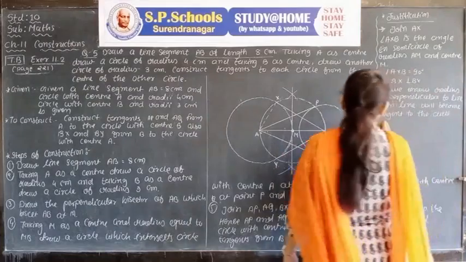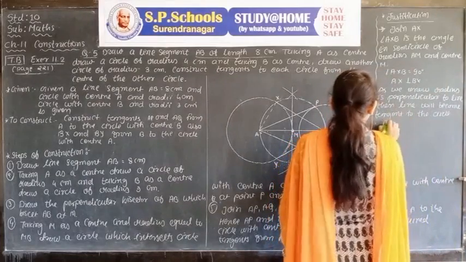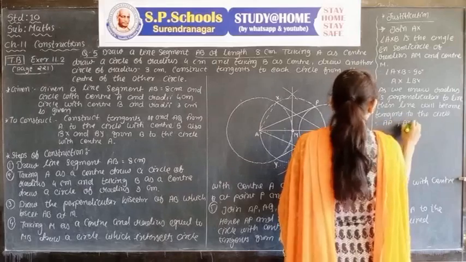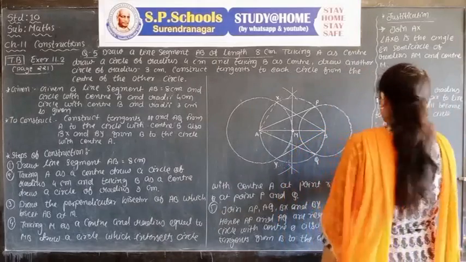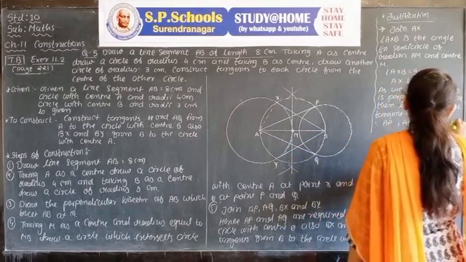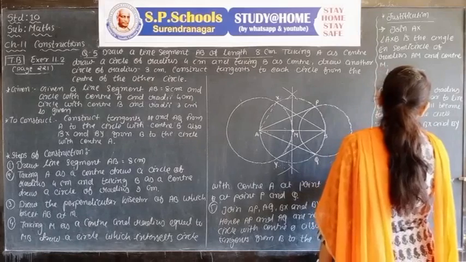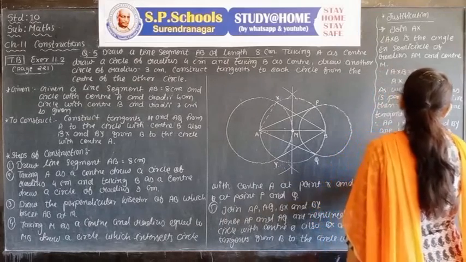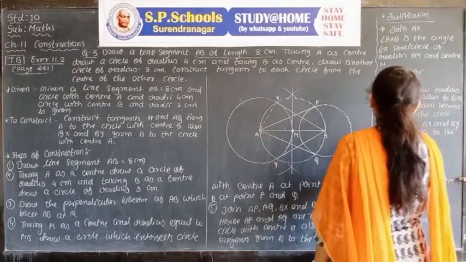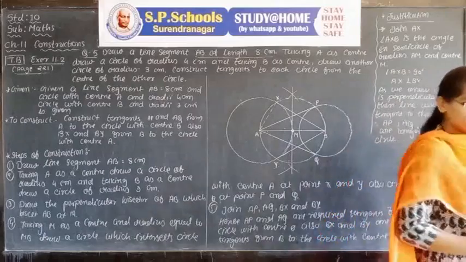Same for all. Therefore, AP, AQ, BX and BY are tangents to the circle. Hence, our construction number 5 is completed.